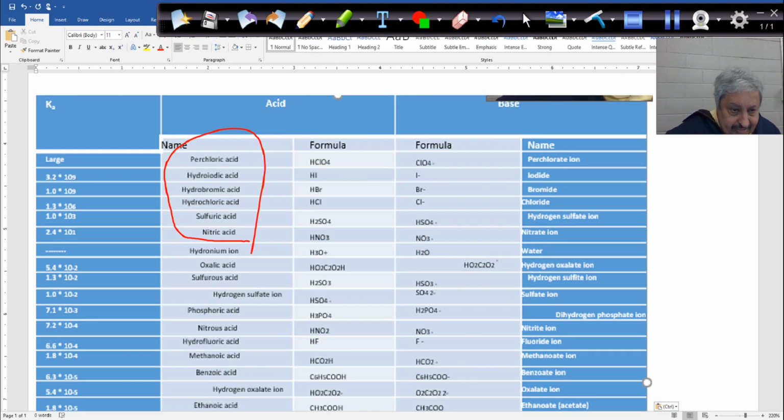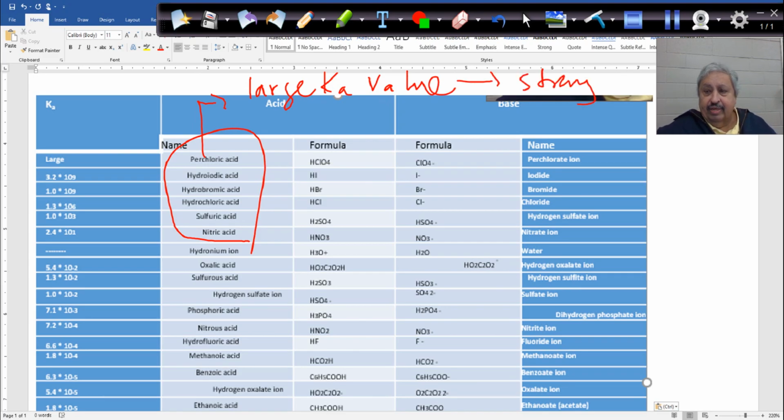Chloric acid is not there, but it is in another table. But anyway, those are 6, 6. Chloric acid is missing, but it should be there. Those are large Ka values. So these are strong acids. Okay, guys, so those are very strong acids.